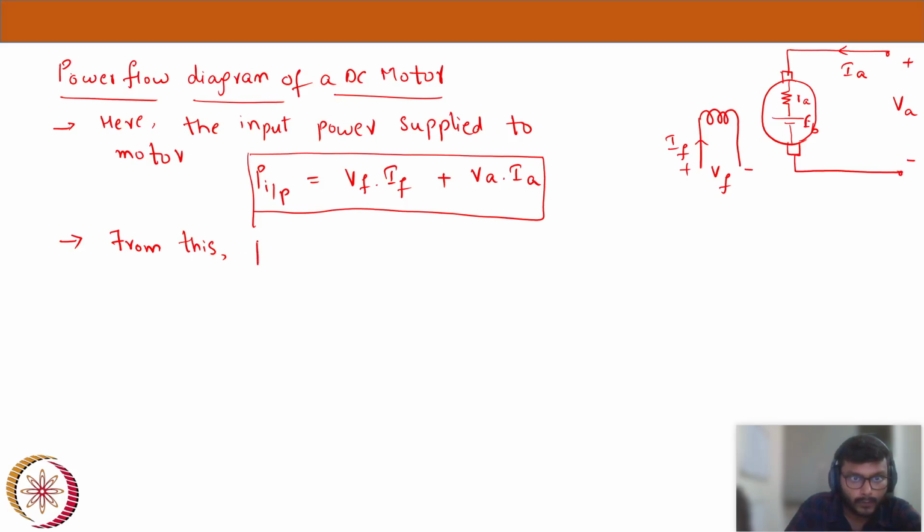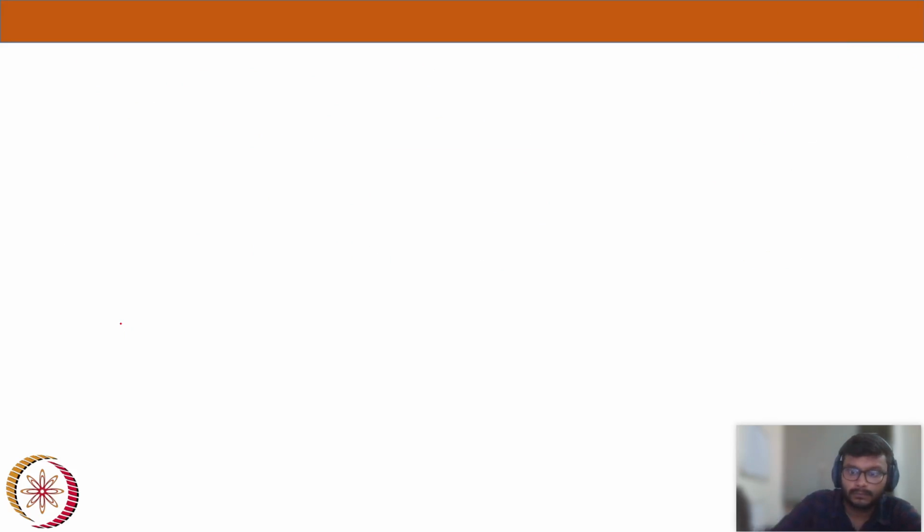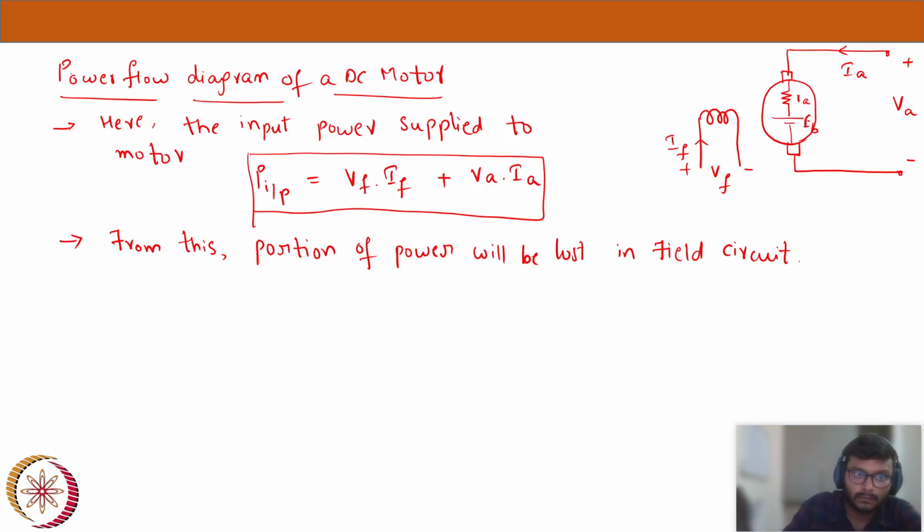So a portion of power will be lost in the field winding, in the field circuit. Let's denote it as the copper losses in the field winding.